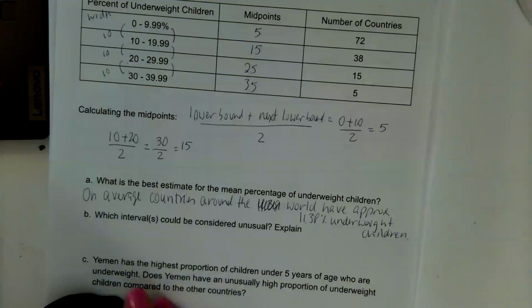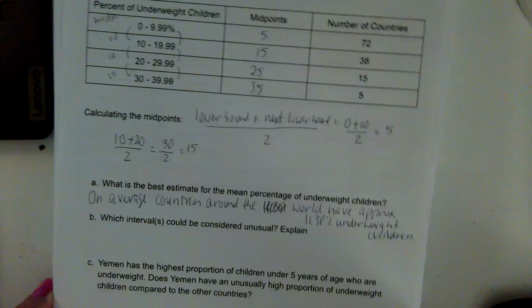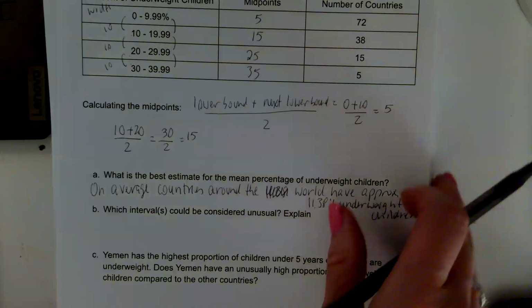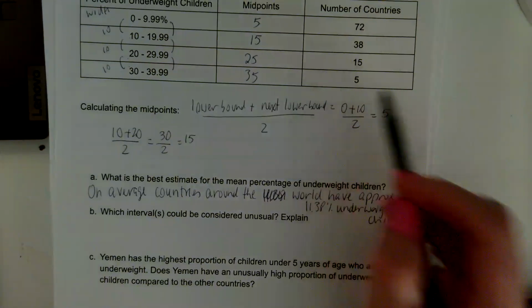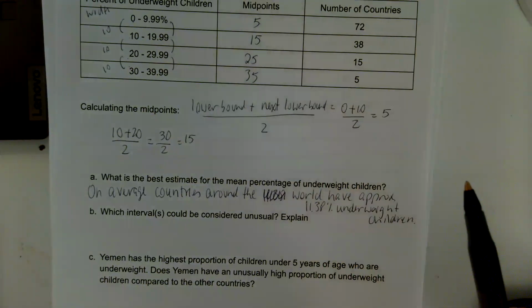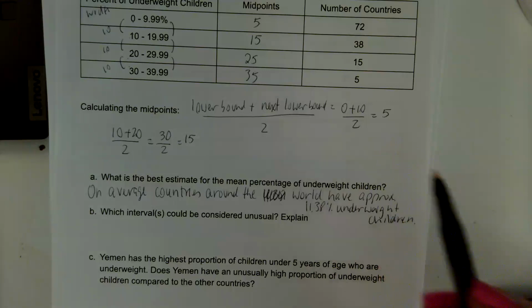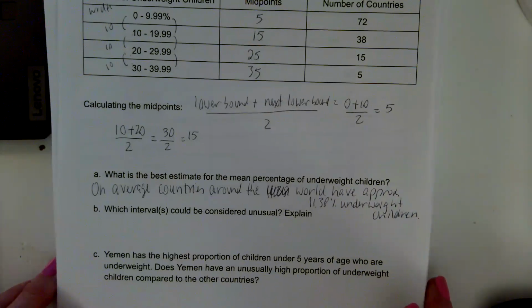So are there any intervals of data that seem to be unusual? And it looks like our data is skewed right.